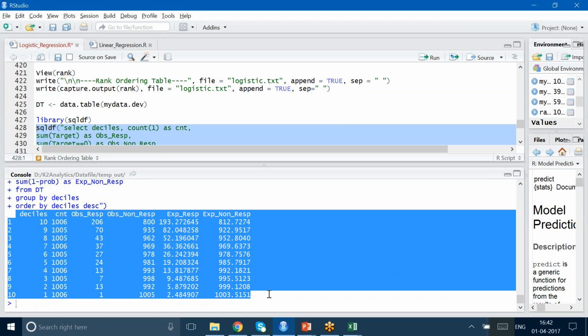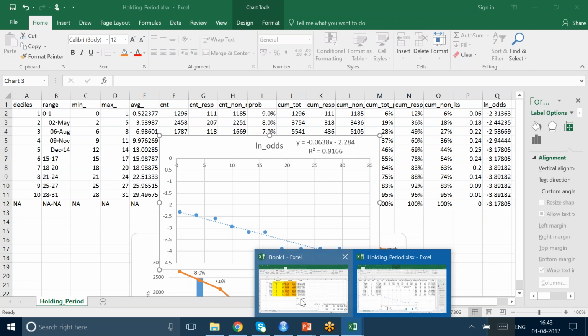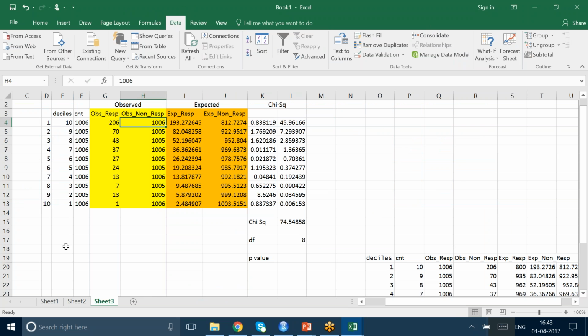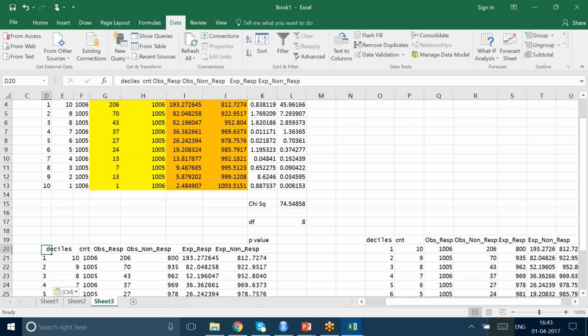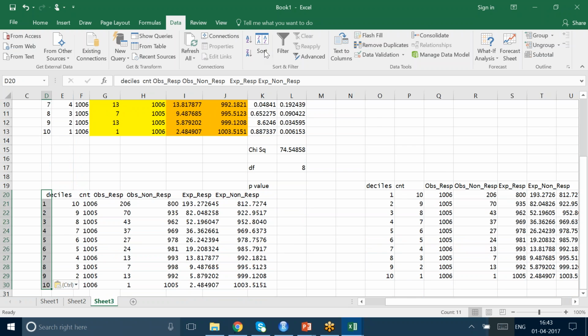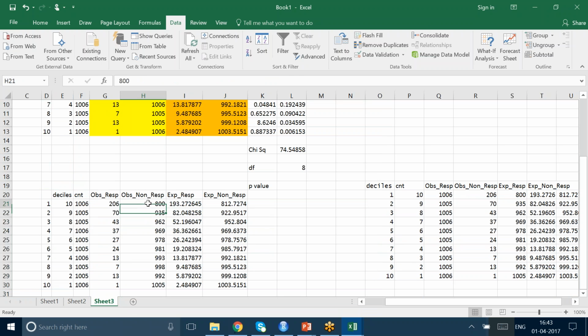Let me copy it again. Sorry. Let me paste it somewhere here. Data, text to columns, delimited, finish. These are the number of non-responders and these are the number of responders. So let me take this correct table now up.